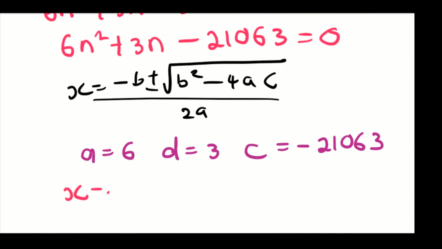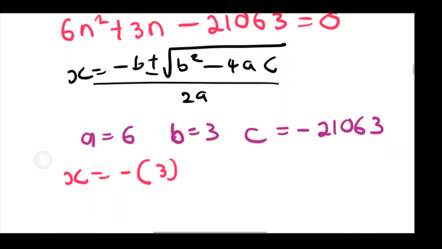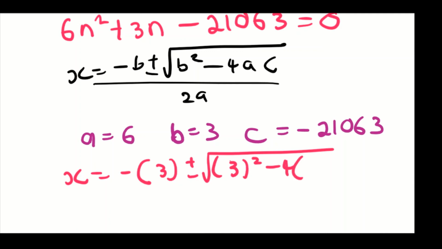So it's going to be x equals minus our b value, which is 3, and then plus or minus the root of 3 squared minus 4, our a value is 6, and our c value is minus 21063, close bracket.